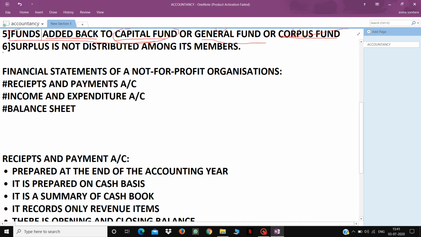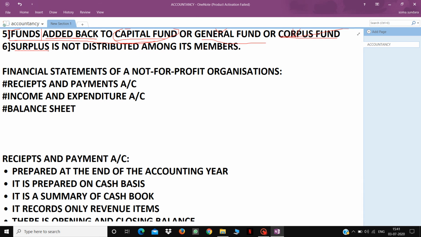Okay, so next is the surplus. We said that the motive is to serve and not to earn profit, then how will they maintain their organization, their entity? How will they ascertain their profit or losses?